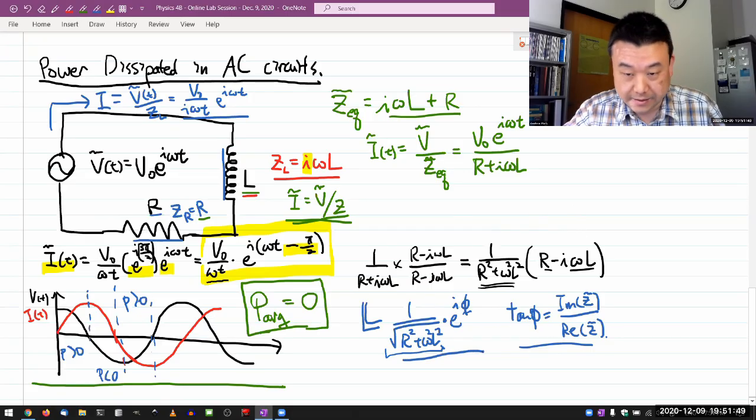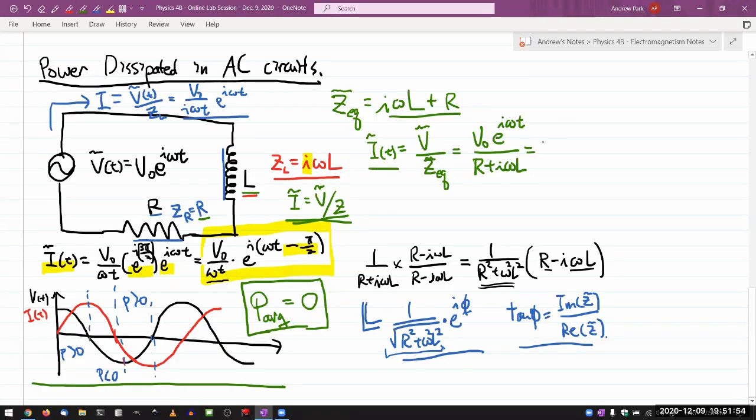So using this, I can rewrite my current into this form: the amplitude of current oscillation, which is V naught divided by the square root of R squared plus omega squared L squared, times the oscillatory portion, e to the i omega t plus phi. I wrote it in such a way that this phi is likely going to be negative, but I'm just adding phi here.